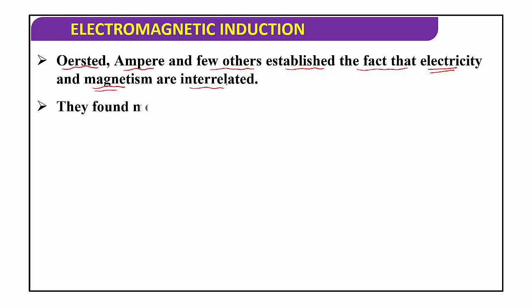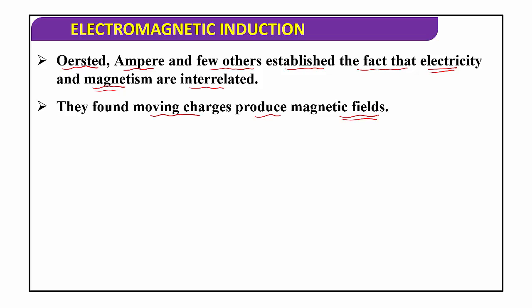Then Oersted, Ampere and other scientists found that moving charges produce a magnetic field. We already studied about this concept. We know that a moving charge produces a magnetic field. When a charge is at rest, it is surrounded by an electric field.